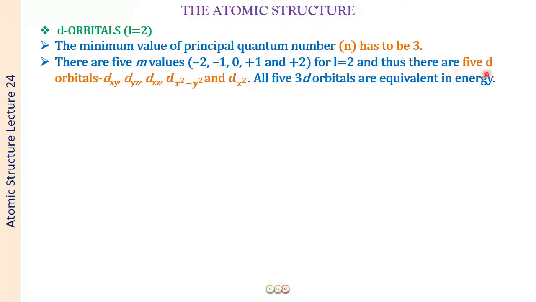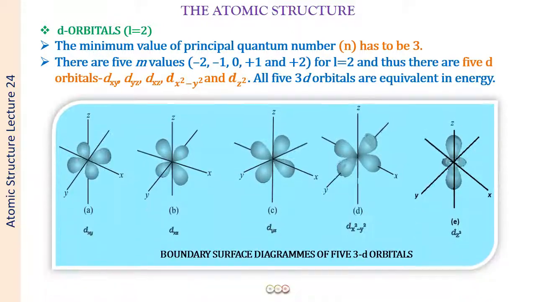Therefore, we have 5 d orbitals, which are dxy, dyz, dxz, dx square minus y square, and dz square. All these 5 d orbitals are equivalent in energy. Hence, they are also called degenerate orbitals, as we studied while studying the p orbitals, that px, py, and pz are also degenerate orbitals because they are equivalent in energy.